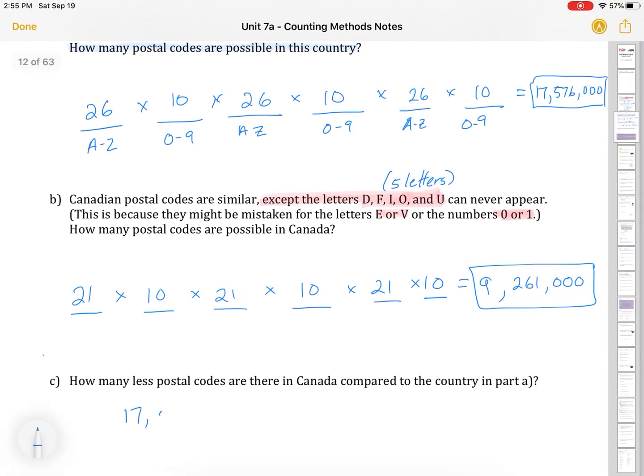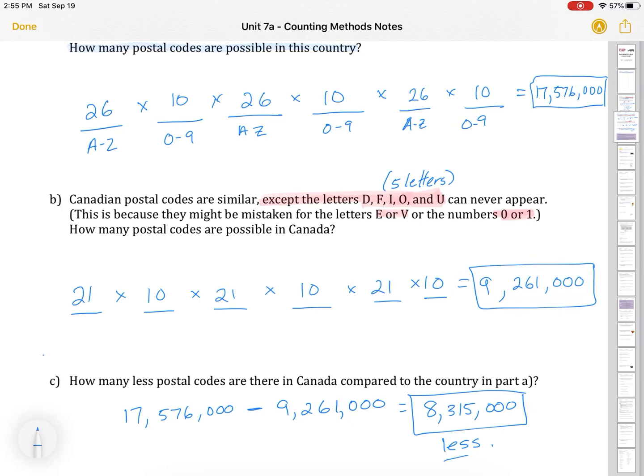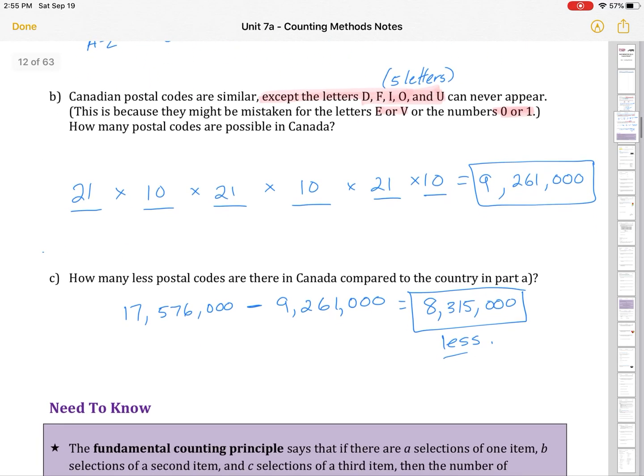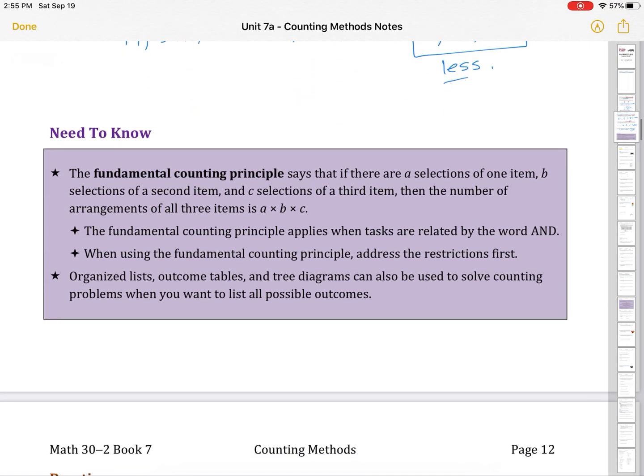Alrighty. So how many fewer postal codes are there in Canada compared to the country in Part A? Well, 17,576,000 minus 9,261,000. So we have quite a few less. 8,315,000 less.